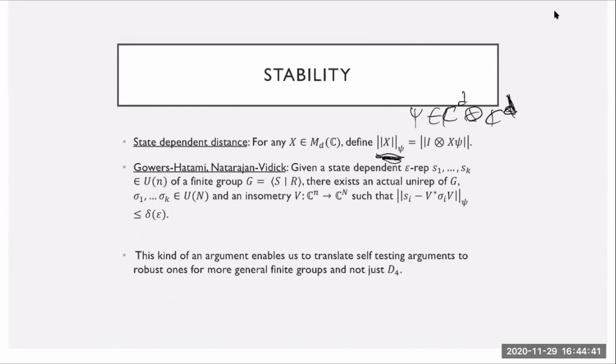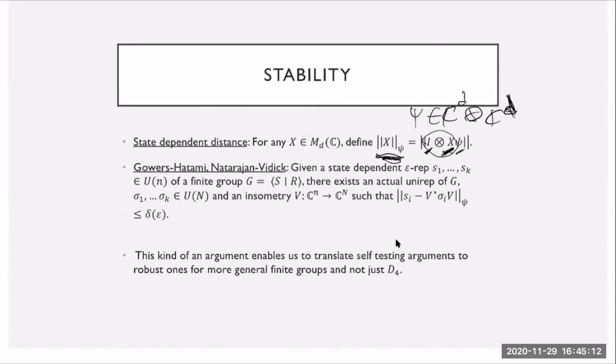You take X as the matrix acting on the right coordinates, you take the identity on the left coordinates, and you check what is the norm of the vector when you act with this matrix on psi, and you call it the psi norm, the state-dependent norm of X. This is the definition of the state-dependent distance, because if you take the difference between two matrices, this is the distance between these matrices.